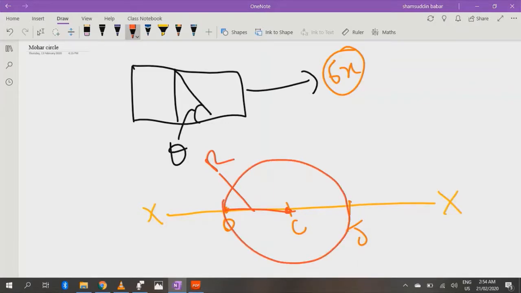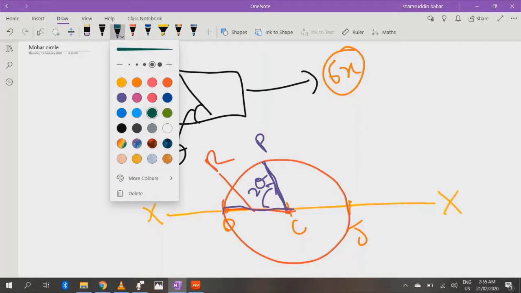Now that we have the Mohr circle, we will draw an angle of 2 theta from line OC. This is our line OC. There will be an angle 2 theta, and at an angle of 2 theta in the clockwise direction we will have this line, and we will name it point P.